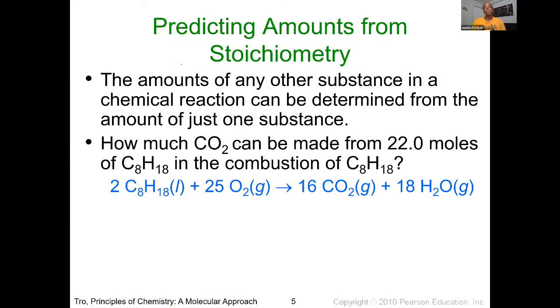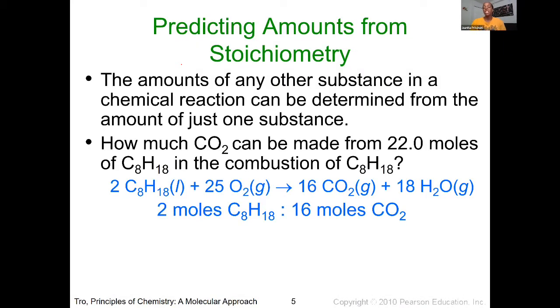One of the best things we can do with this information is to predict the amount of either product that may be produced or reactant that is needed to produce a certain amount, just by observing those ratios. If we look at the ratio of C8H18 compared to CO2, it is a 2 to 16 ratio.